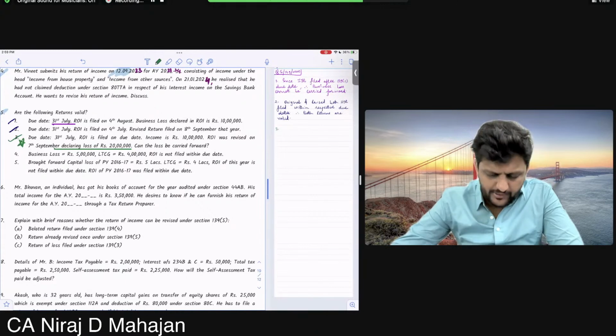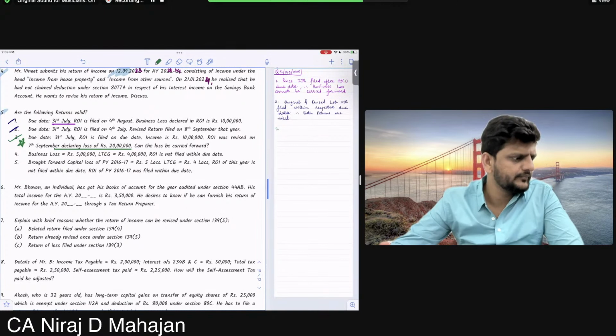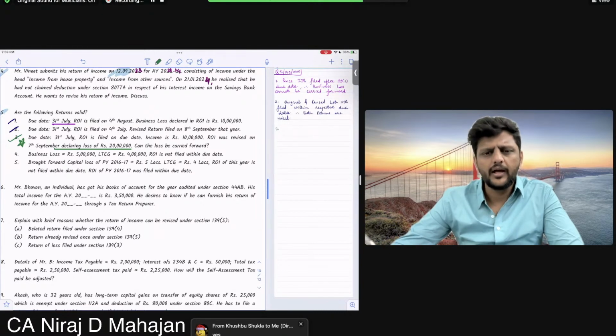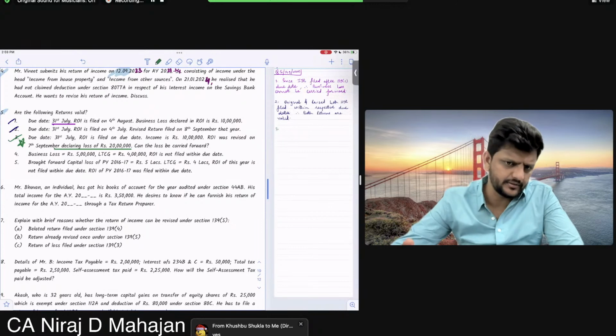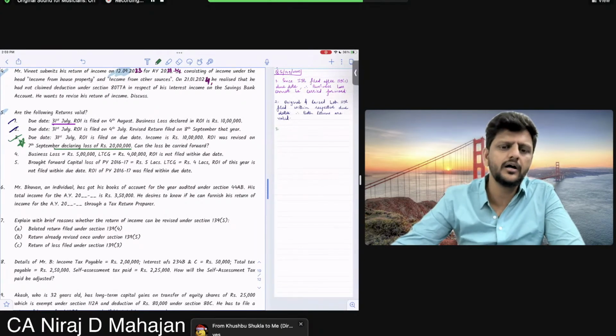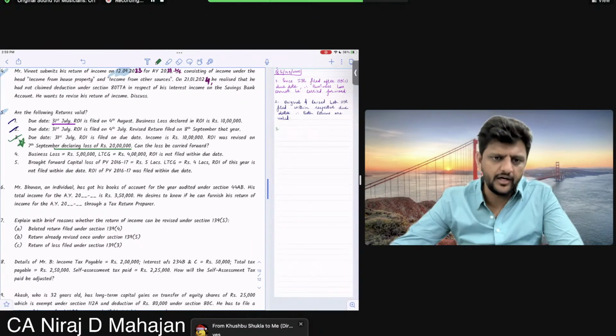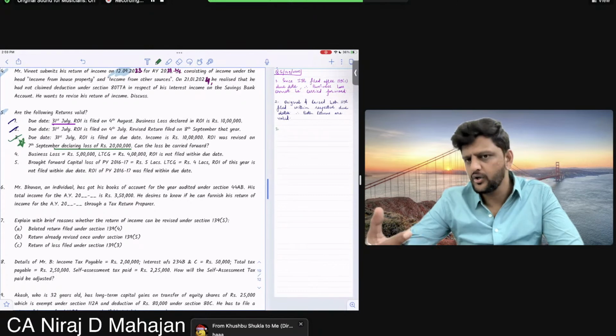To carry forward the business loss, which due date is important? 139(1). Yes. And you are showing loss in the revised return, but the revised return replaces the original return.